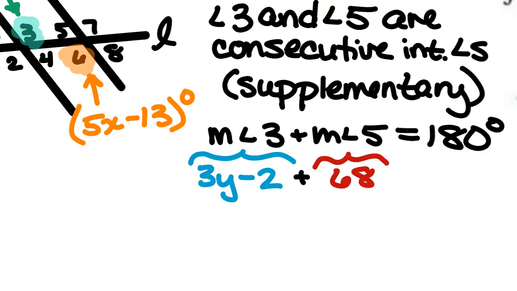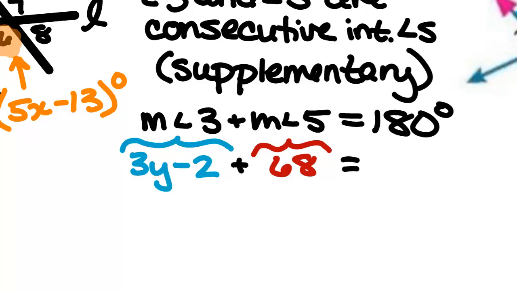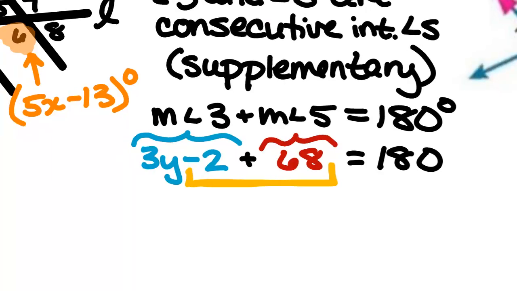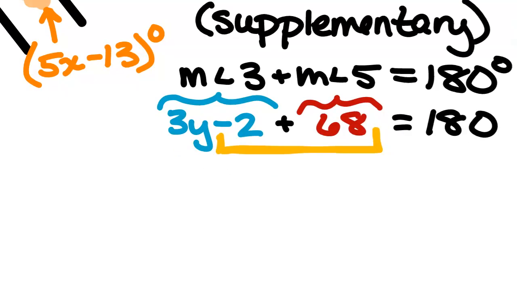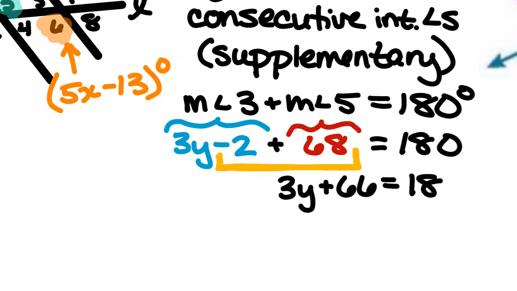So I have 3y minus 2 plus 68 equals 180. Let's combine our like terms, our constants together. What is negative 2 plus 68? So 3y plus 66 equals 180. And then I'm going to subtract 66 from both sides.